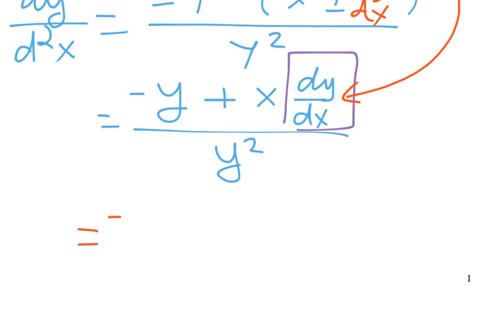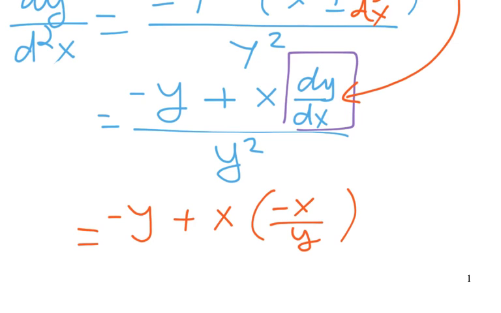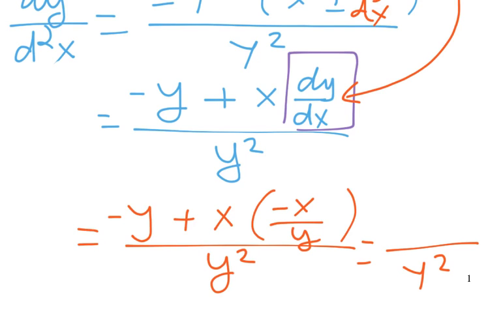Right, so now negative y plus x times negative x over y, all over y squared. Okay, so this would be negative y minus x squared over y.